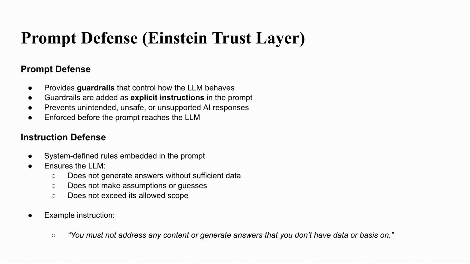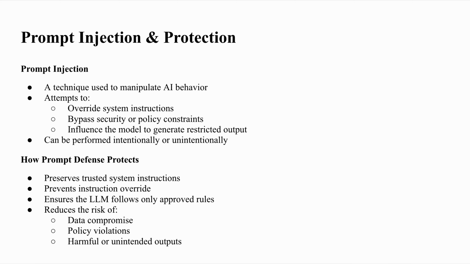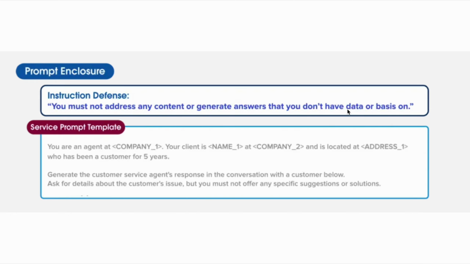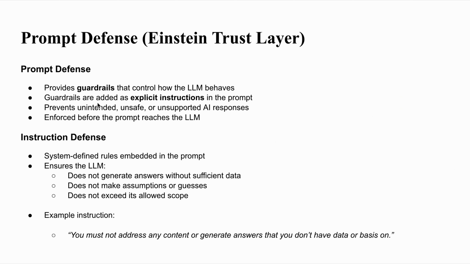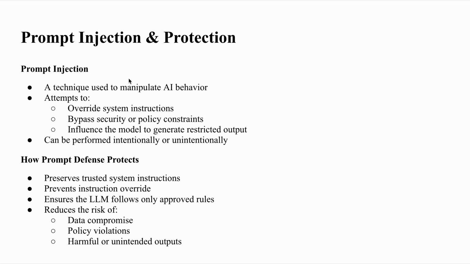For example, the LLM can be instructed not to address content or generate answers that it doesn't have any information about, which is what this image explained. For that, we use the prompt defense technique. I already explained what prompt injection is. It's just a slide showing how attackers or hackers try this prompt injection technique.